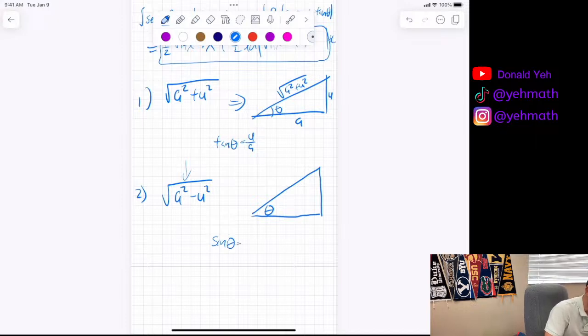Why sine of theta? Because if you have sine of theta, which side is going to be a and which side is going to be u?